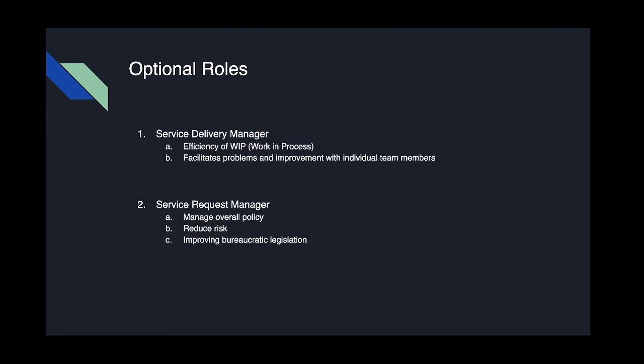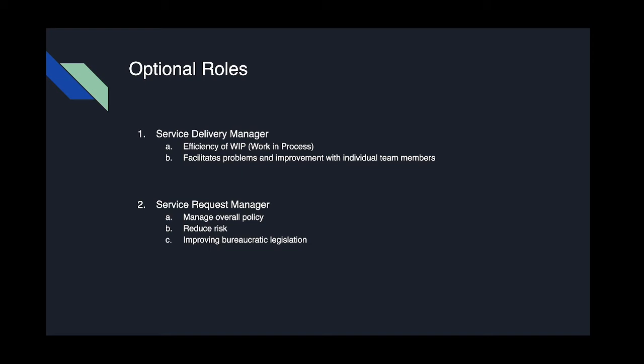optional roles. So first, you could have a service delivery manager. And this person is responsible for ensuring that work items pass efficiently through the process by keeping an eye on the board and assisting team members when there's a problem. So the person in this role has to sort of facilitate continuous improvement within the team and suggest improvement activities.